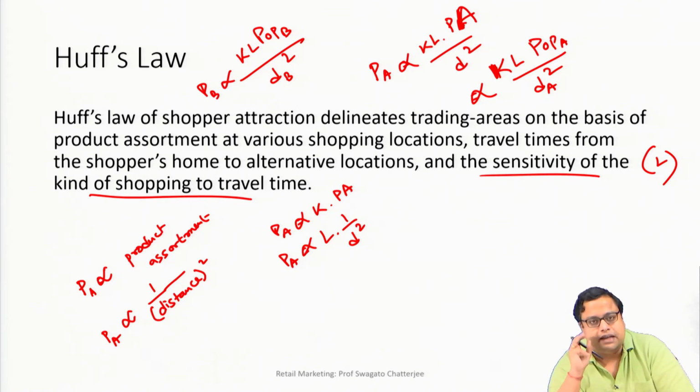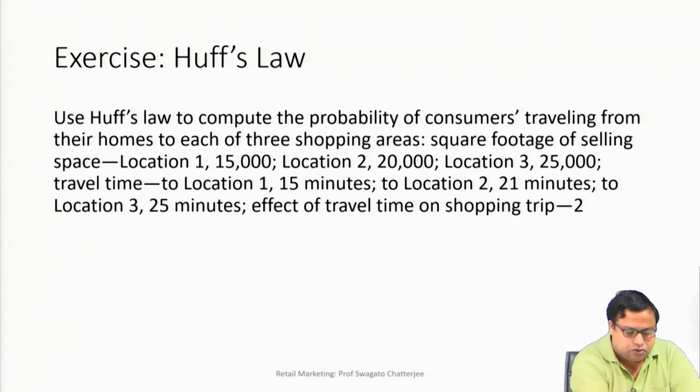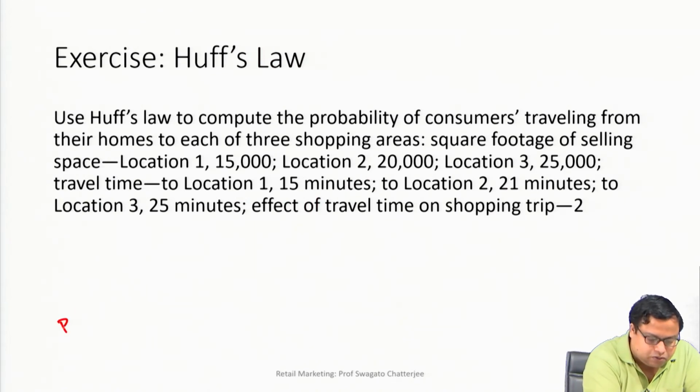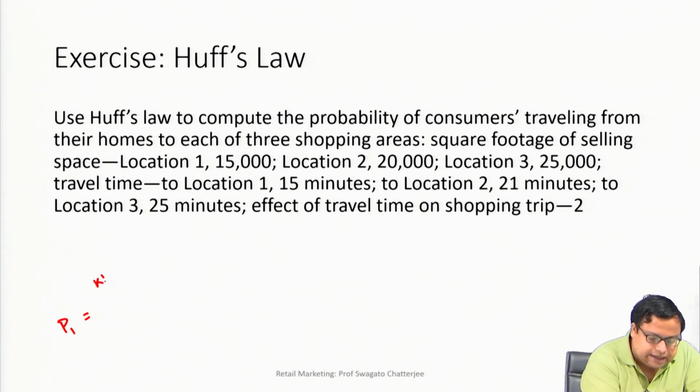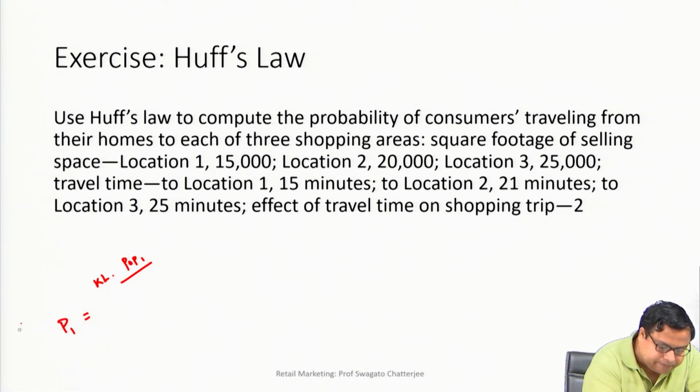Now, if I have 3 stores, how do we calculate? The probability to go to store 1 will be KL into population 1 divided by distance 1 squared.